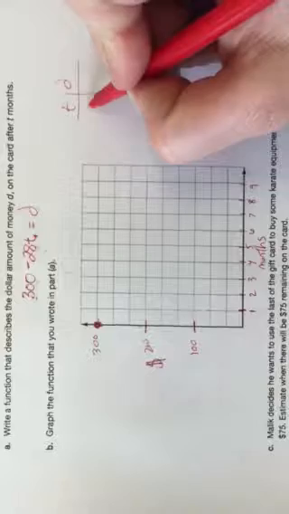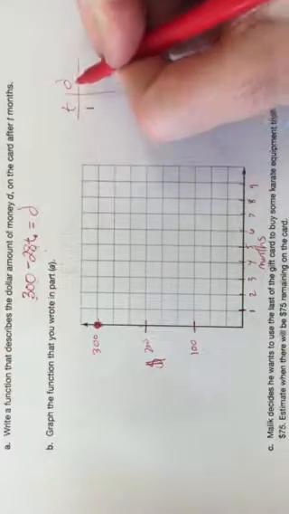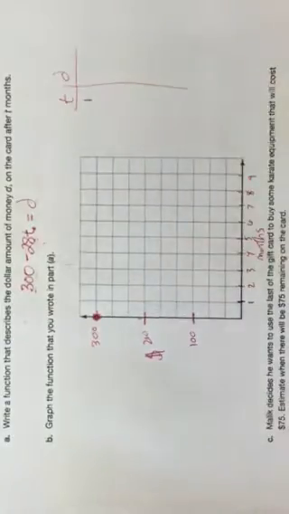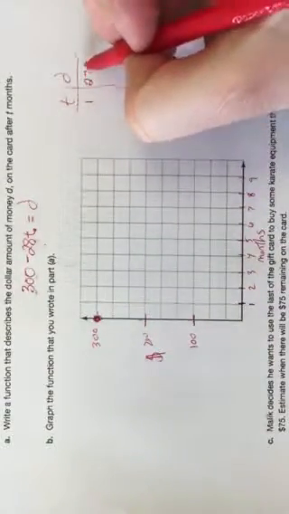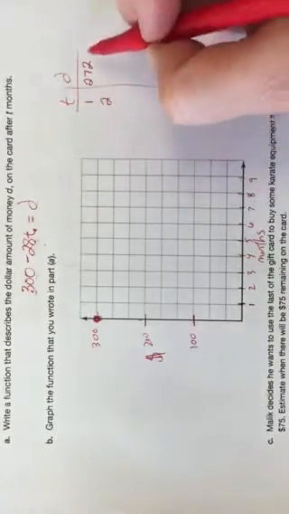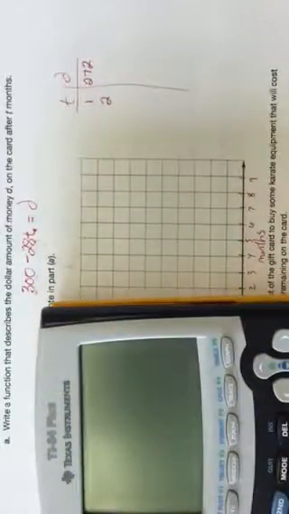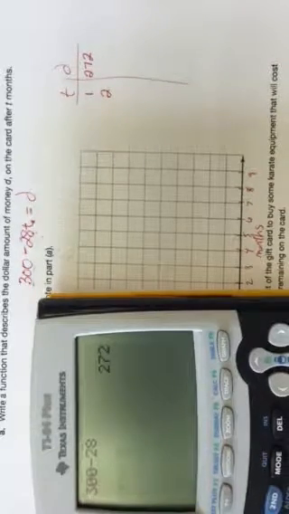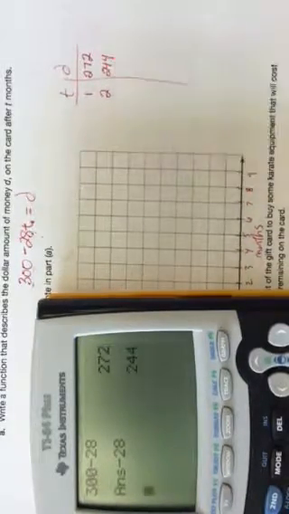So if I go down 1 month, that would be 300 minus 28, which is 272, right? And if it's 2 months and I go down another 28, so you can keep doing this in your head or you can just do it in your calculator, it'll be 244.